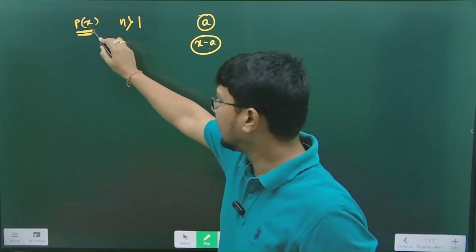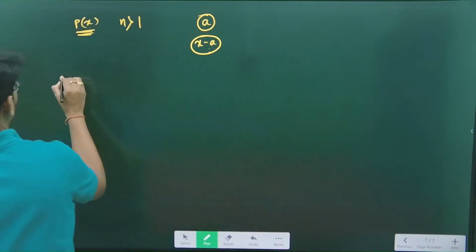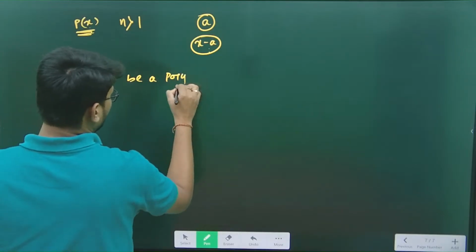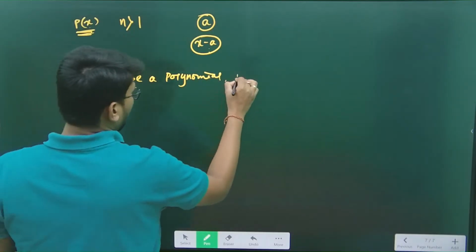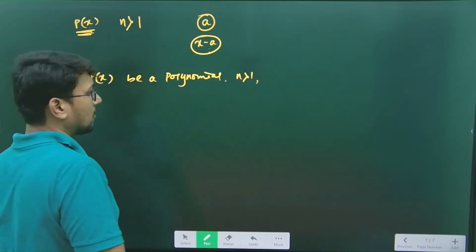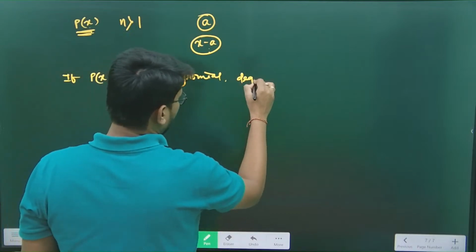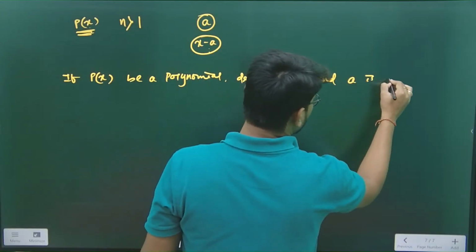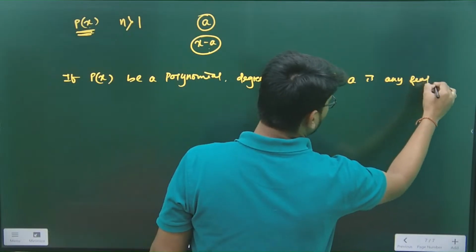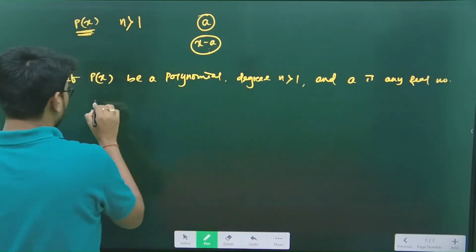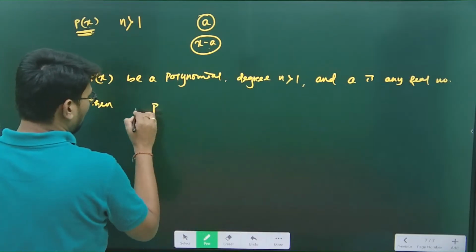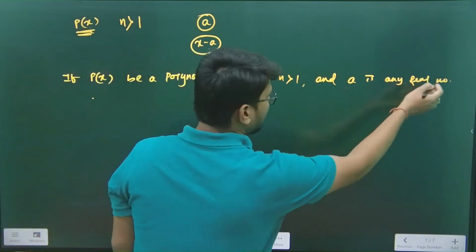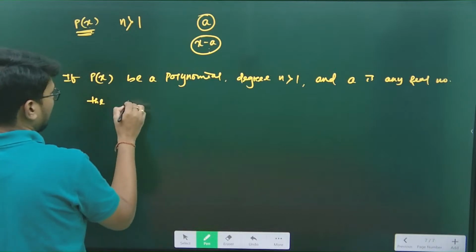But how will we write it? We'll write: if P of X is a polynomial of degree n greater than 1, and A is any real number, then X minus A is a linear polynomial.